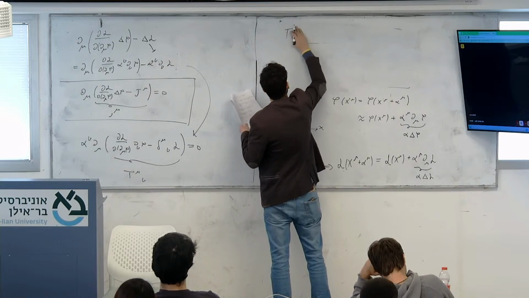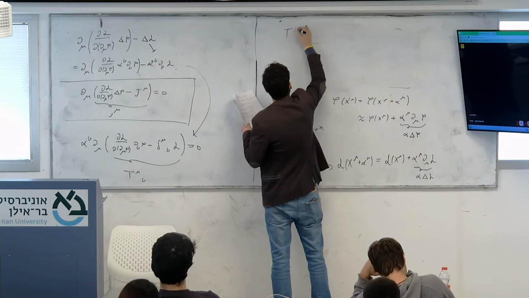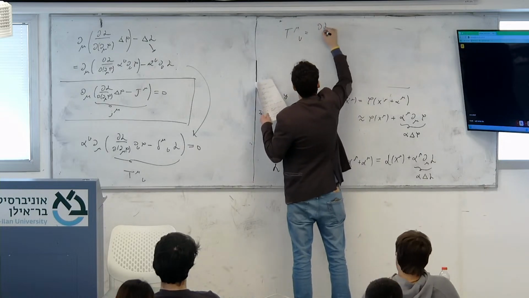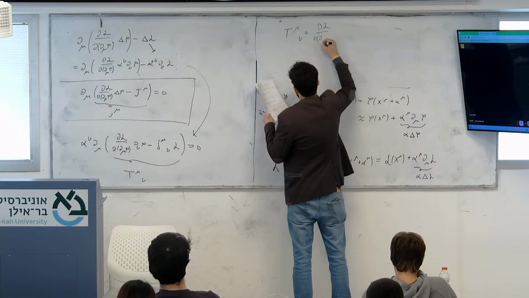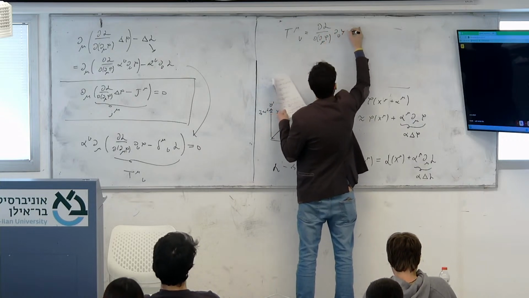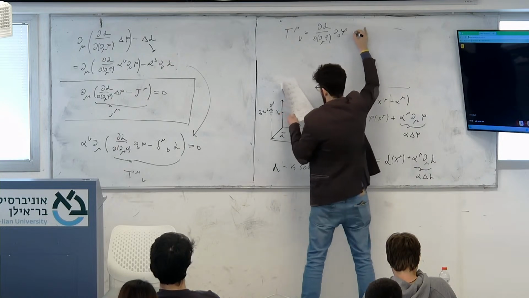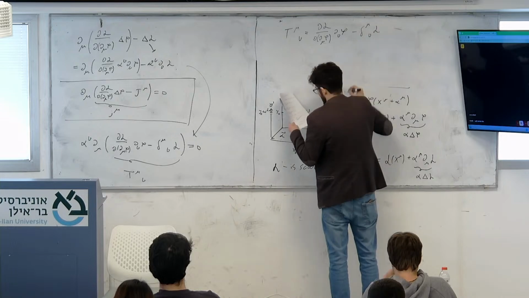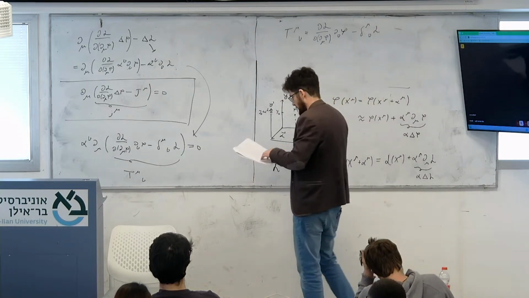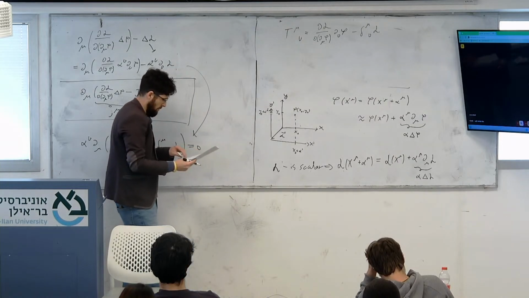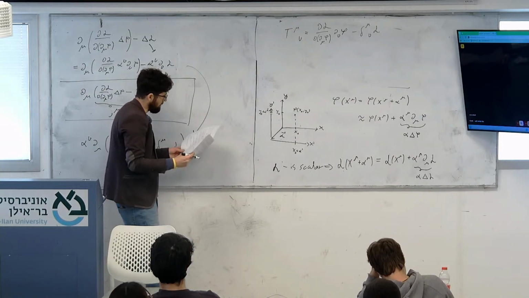Okay? So this is a T^μ_ν. T^μ_ν is equal to ∂L/∂(∂_μ φ) ∂_ν φ minus δ^μ_ν L. And now let's look at an example for the Klein-Gordon theory.